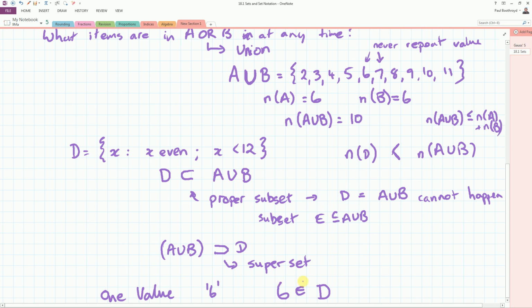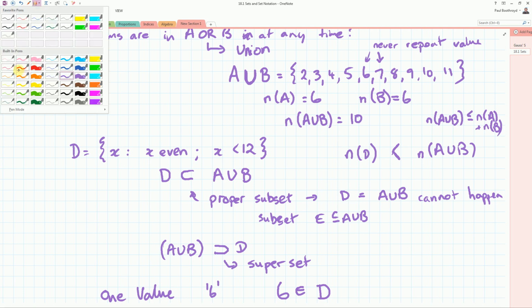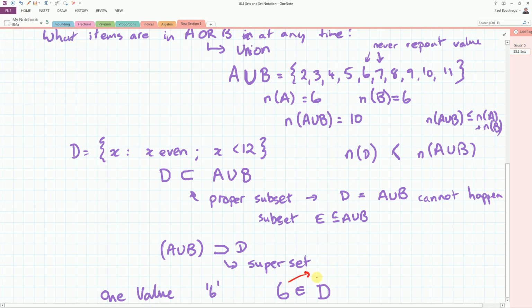So 6 is a member of D. When I post the notes up, I will highlight the keywords. So a member of. Okay, so 6 is a member of my even numbers less than 12.